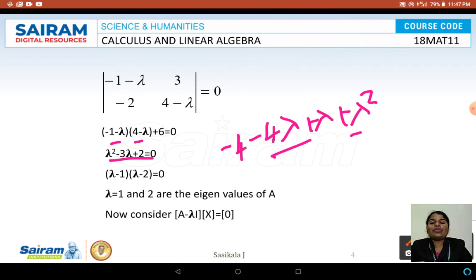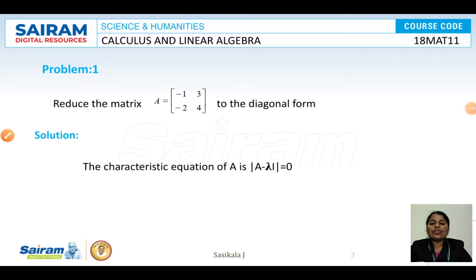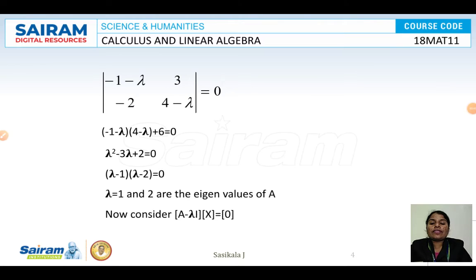The product of two numbers should give 2 and the sum of the two numbers is 3. It is nothing but 1 and 2, isn't it? Since it is a plus sign, both numbers will have the middle number's sign. So it is lambda minus 1 into lambda minus 2 equal to 0. Then lambda equal to 1 and lambda equal to 2 are the eigenvalues of capital A.